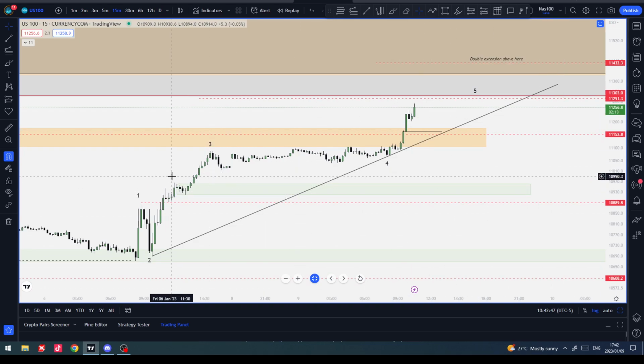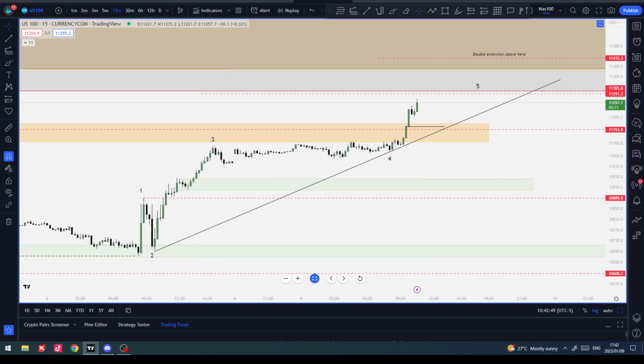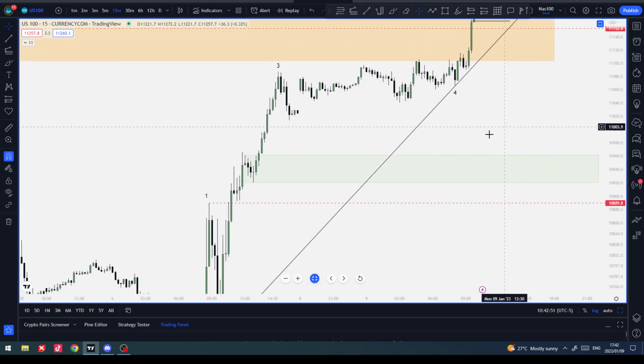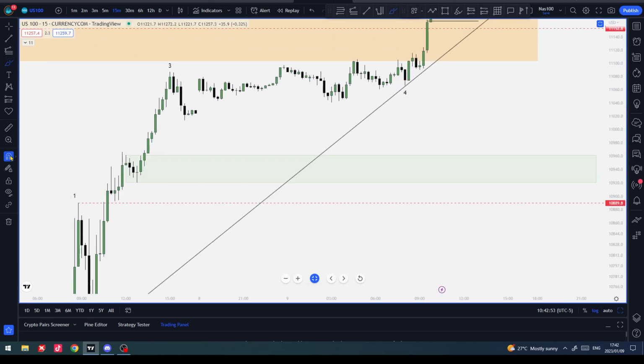So basically, if this was wave 3 over here, and we gapped up, wave 4 actually turned out to be more sideways and upward trending here like this, right? So that makes it a bullish correction.